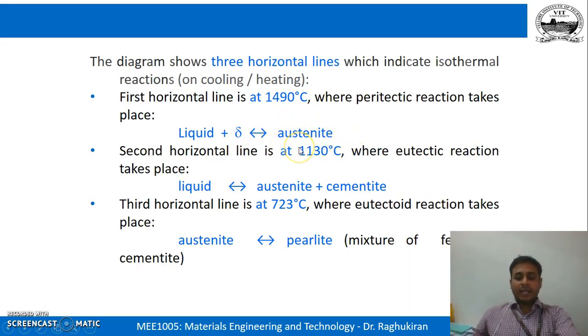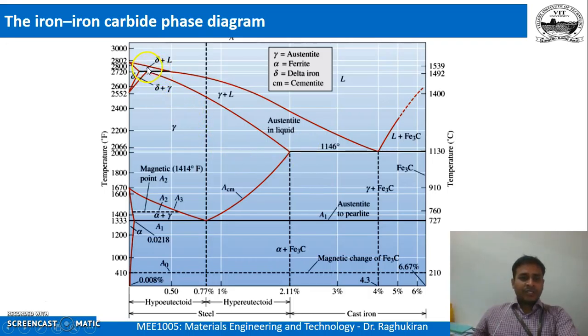Let us see where it is actually happening in the iron carbon phase diagram. If you see this horizontal line, at the top of the horizontal line you have delta iron plus liquid, and that is being transformed at this point into austenite. This is the peritectic reaction that is taking place at around 1100 and odd degrees Celsius.